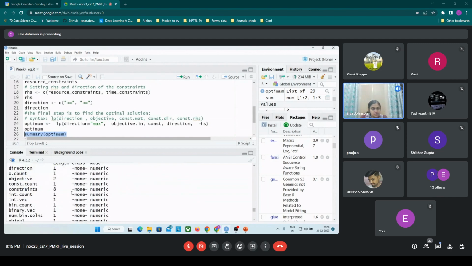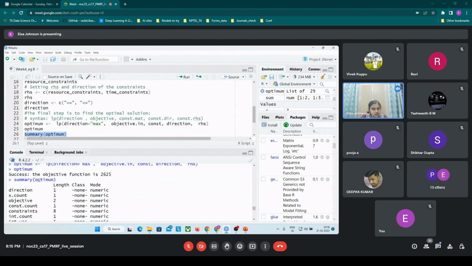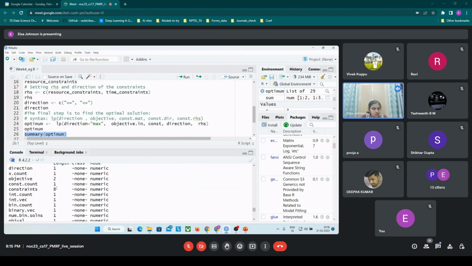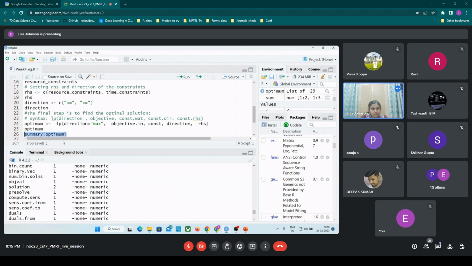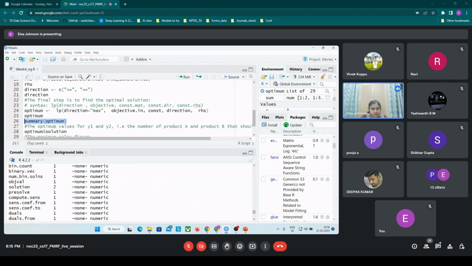So these are the different things that you will get in a summary of the optimum function. If you just see optimum dollar direction, then you get the direction. If you give optimum dollar x count, then you'll get that value. The lengths of all these vectors are given there. One thing you can see here is that the solution you can find. For the optimum values for y1 and y2, you can find them by optimum dollar solution.